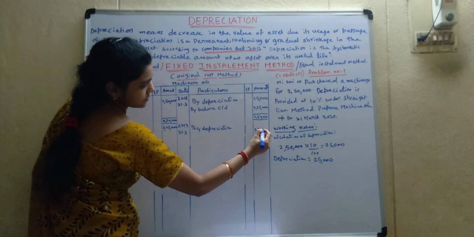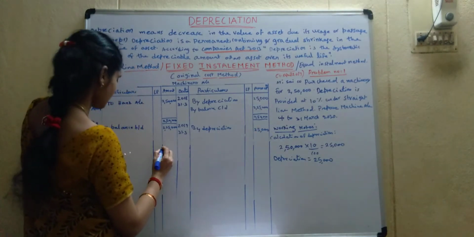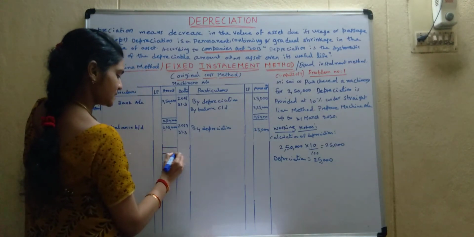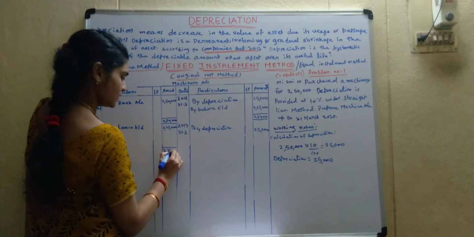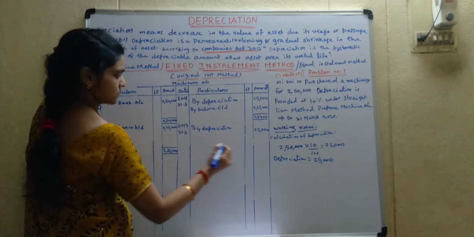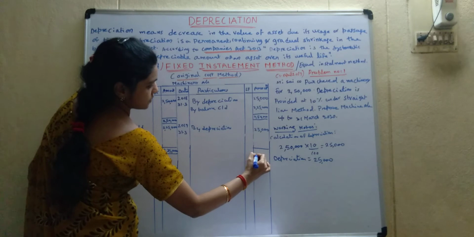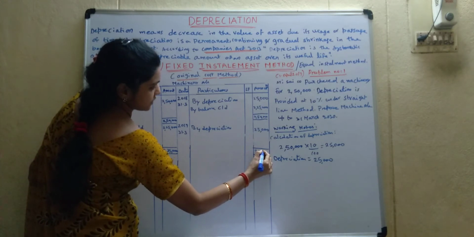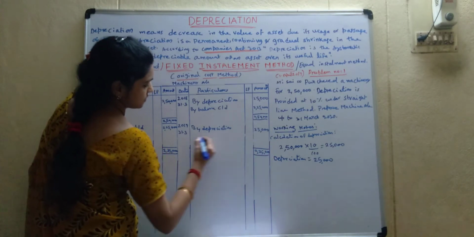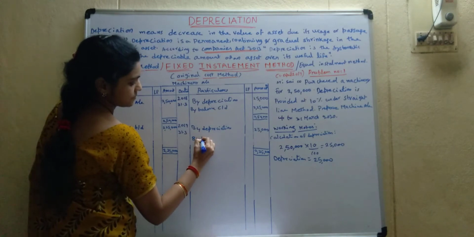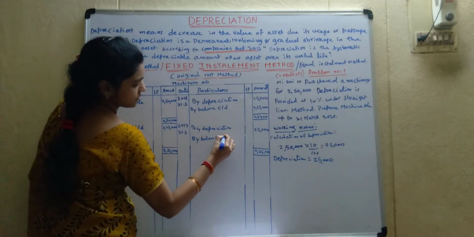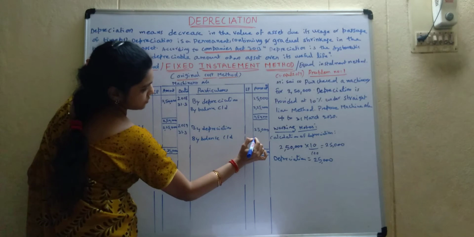Balance 2,25,000 minus 25,000, by balance carried down, 2 lakhs.